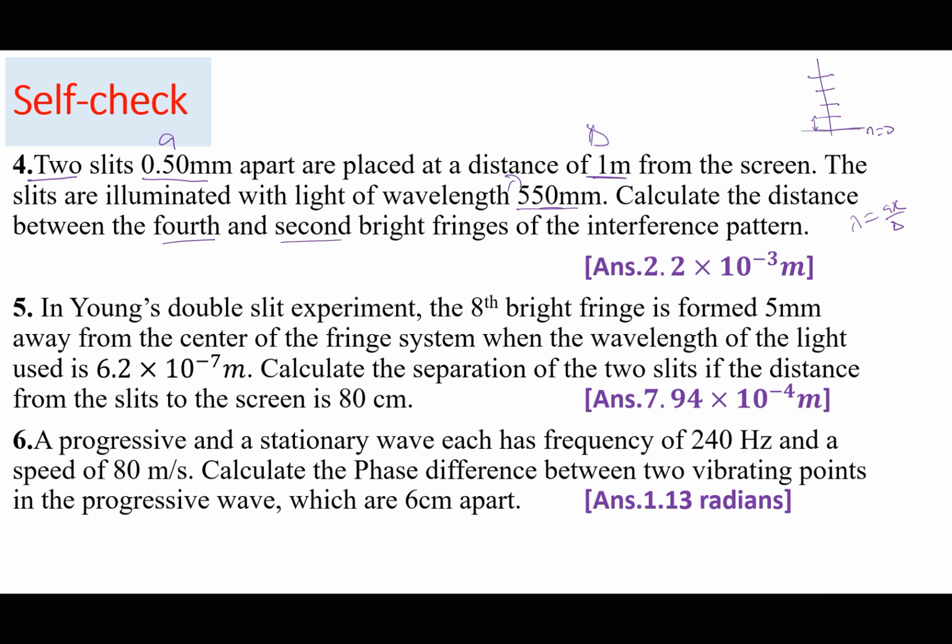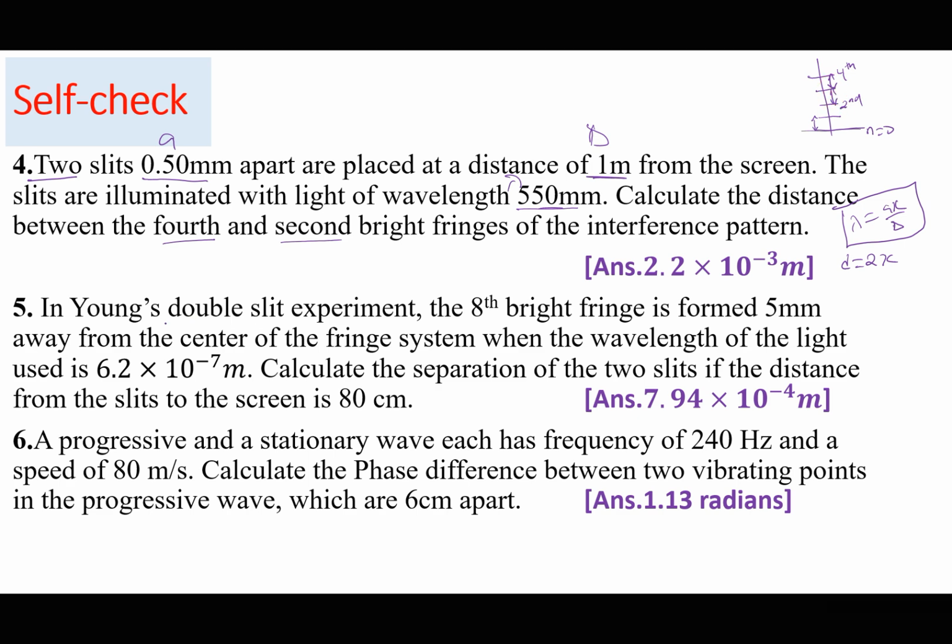So you want the distance between the second and the fourth. In other words, you find x and multiply it by 2, so the distance is going to be twice x. You find x using the formula lambda equals ax over D, then multiply x by 2, because if this is x, this is also x.